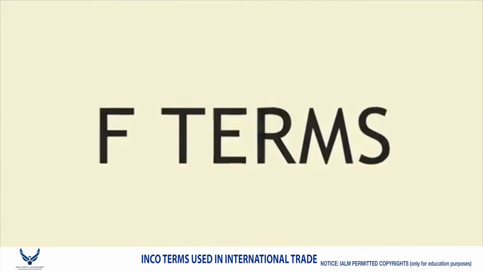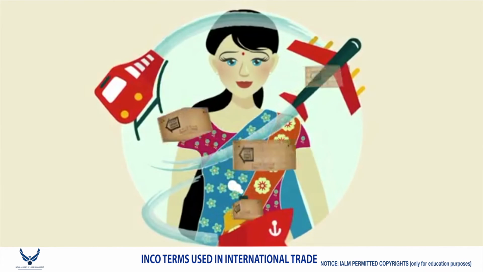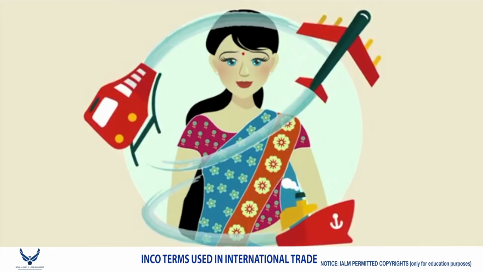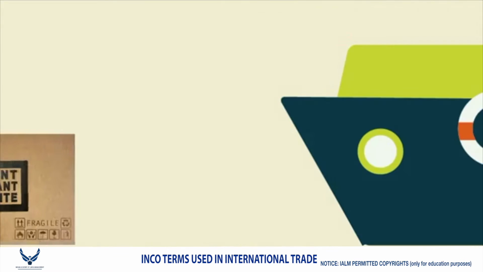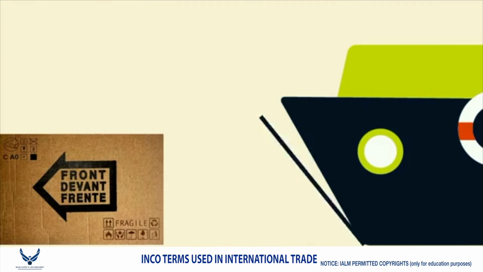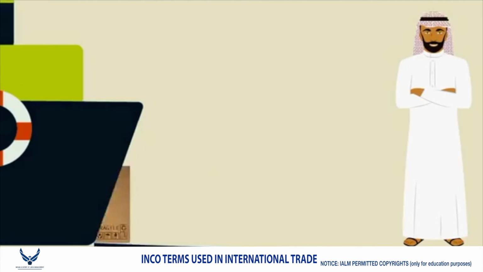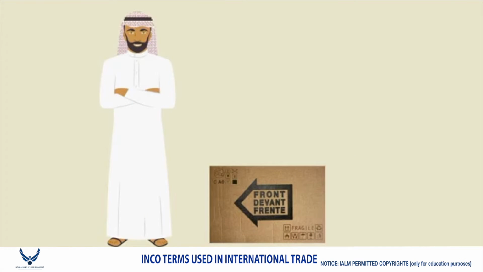F terms. Seller must deliver to the carrier, rail, flight or ship of choice of the buyer. Seller would deliver the goods till the carrier, and buyer is responsible for carriage from that point onwards.